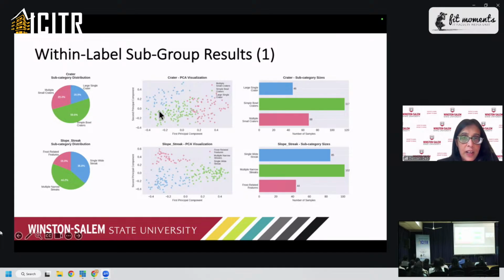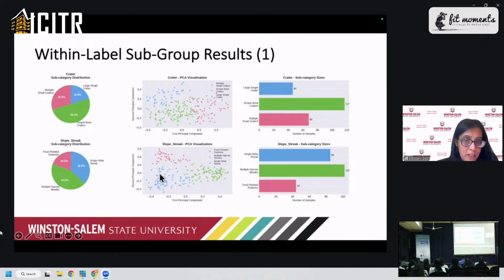As you can see, there is a clear separation between those clusters. This is the PCA visualization according to the first and second components. The clusters show pretty good separation, and our methodology was able to identify that. Similarly, for the slope streaks, it also generates very intuitive and detailed classifications, like whether it is a single wide streak, multiple narrow streaks, or frost-related features.